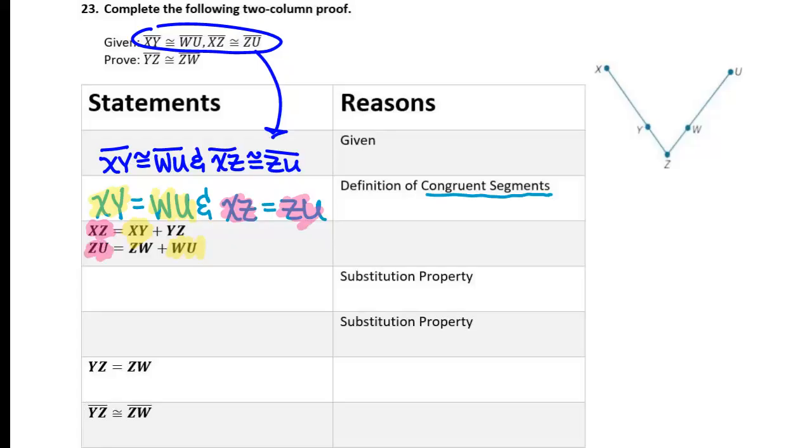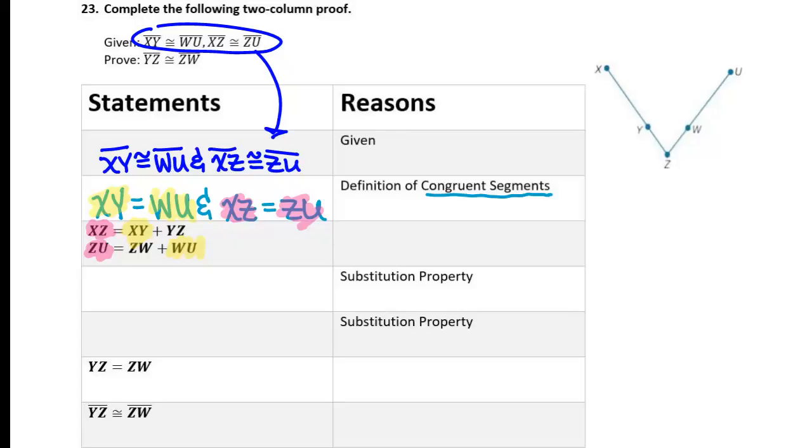But it looks like there's two things here that haven't been talked about up above. What two things are there here that we haven't talked about yet? YZ and ZW. Well, if it didn't come from up here, where's it coming from? From the picture. Let's go find these segments on the picture and figure out why we're allowed to say this.